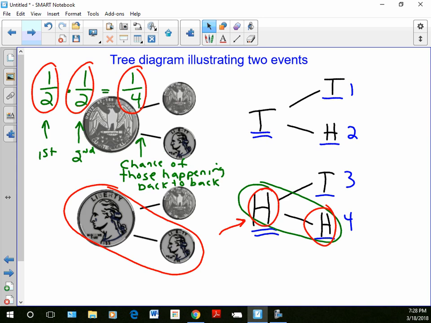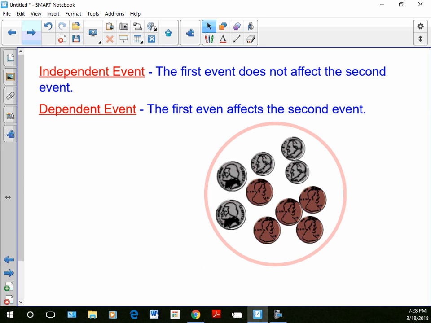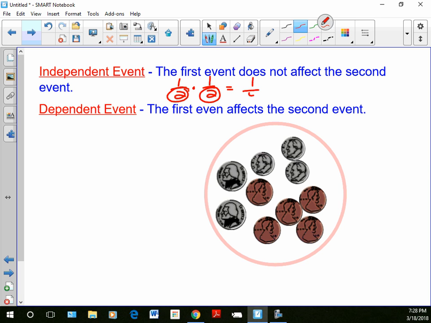Then we went to the coins in the bag, and then I started telling you what is the difference between an independent event and a dependent event. Well, the coins in the previous slide, heads was an independent event because there was a 1 out of 2 chance of getting heads the first time you flipped the coin, and a 1 out of 2 chance of getting heads the second time. So nothing changed. Back-to-back heads.